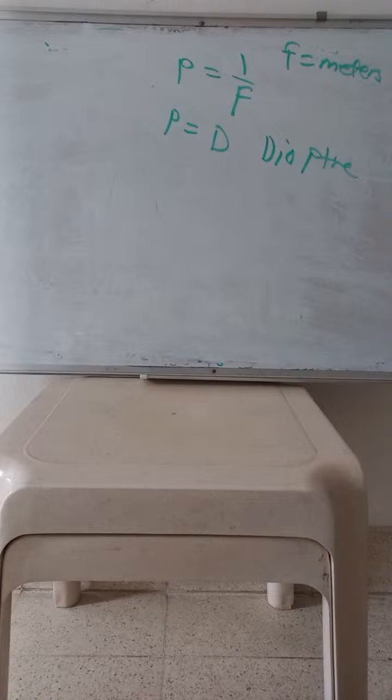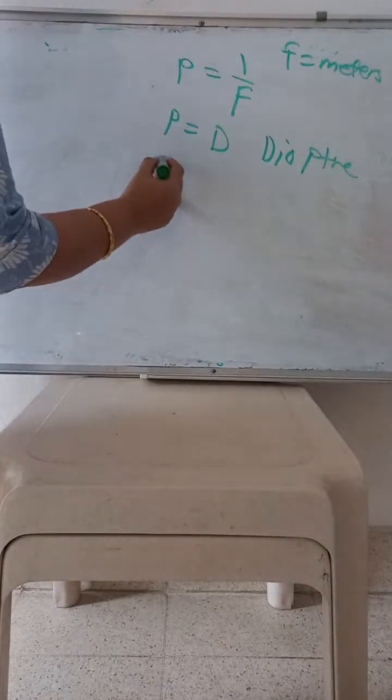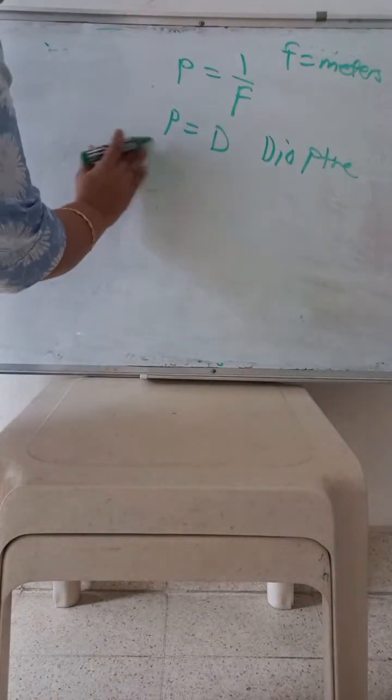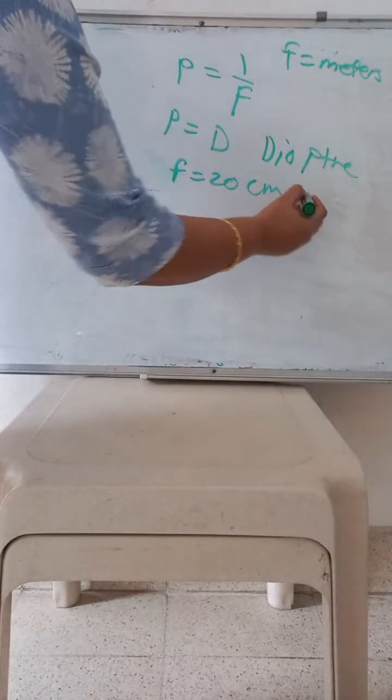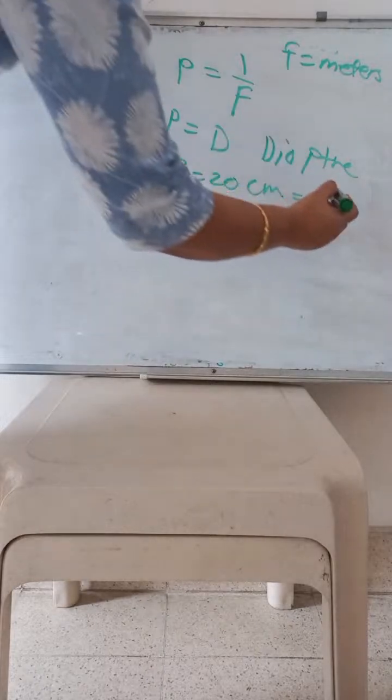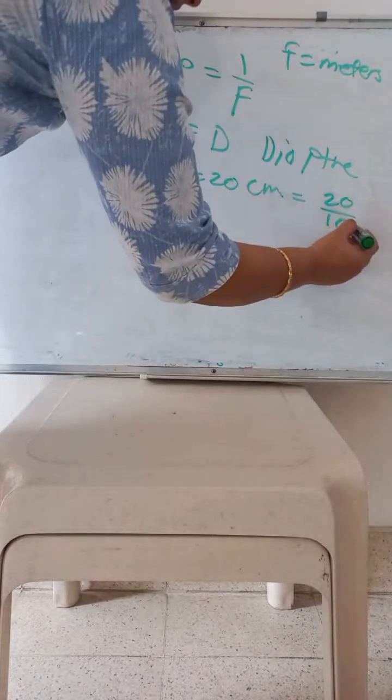Then they are asking, a student uses a lens of focal length 40 centimeter and another of minus 20 centimeter. Write the nature and power of each lens. Okay, so the first lens is 40 centimeter. Focal length is given, so we write it in terms of meters, 20 divided by 100.